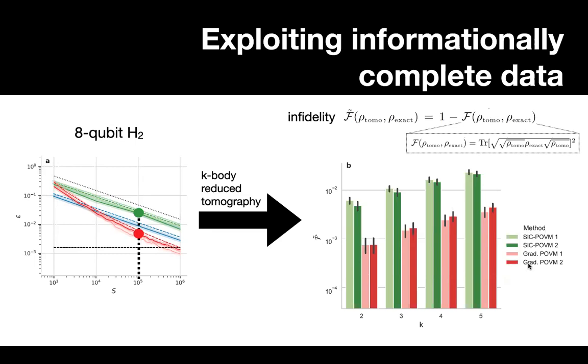And you see that I plot in this histogram both the informationally complete POVM without optimization, so without adaptive strategy in green, and with adaptive strategy. But you see that generally the fidelity is quite good, even when we calculate more complex, like 4-body or 5-body reduced density operators.